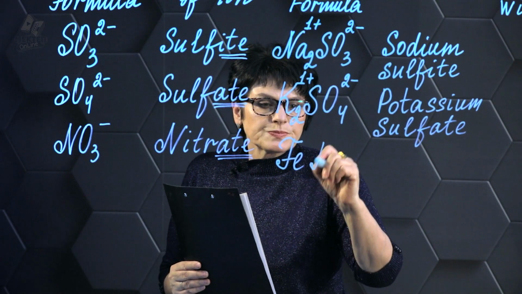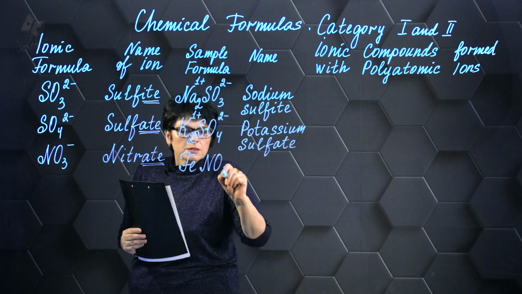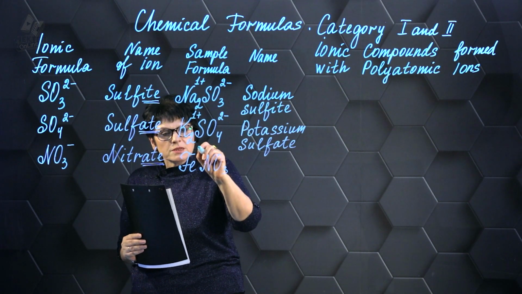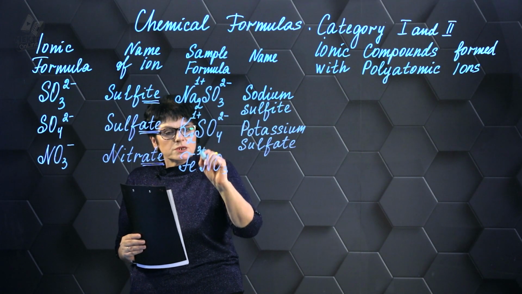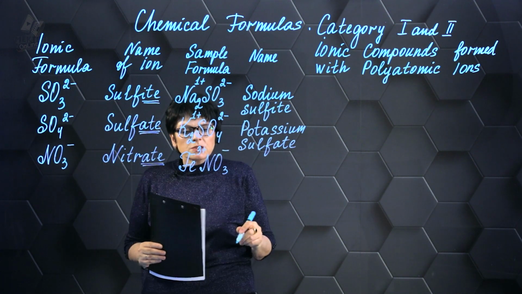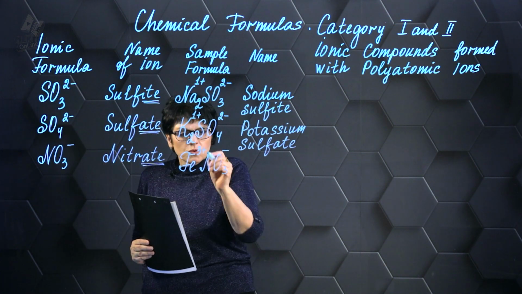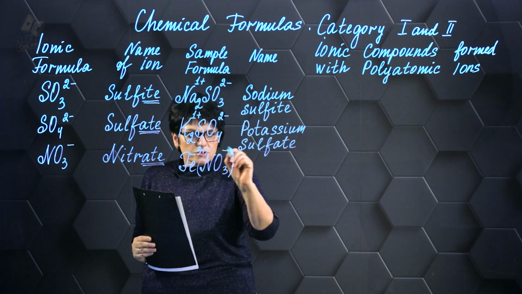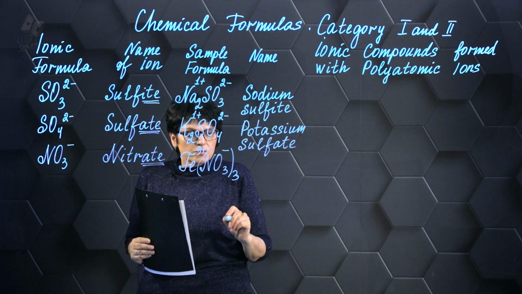Therefore, the compound formed between iron and the NO3 particle can have a formula of either Fe(NO3)2 or Fe(NO3)3. Let there be 3+. So we put a minus here accordingly, then brackets should appear. So you take the formula like this, and according to the rule of the cross, it will look like this.